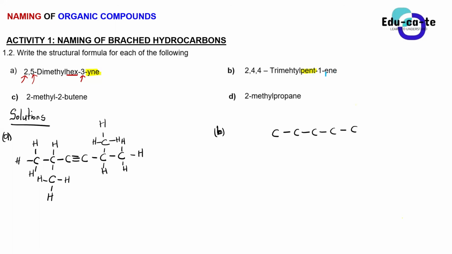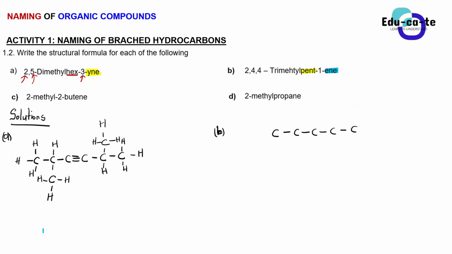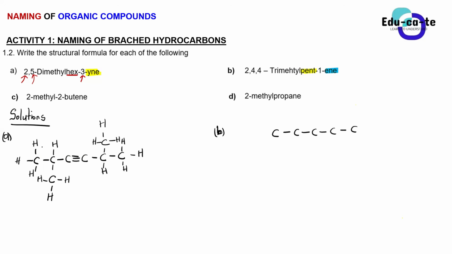Alkene. Why do we say that, Precious? Because the suffix of the name ends with E-N-E. Yes, I want you guys to repeat it, because when I introduced the homologous series, I told you everything about the suffixes, but you guys seem to always neglect that.